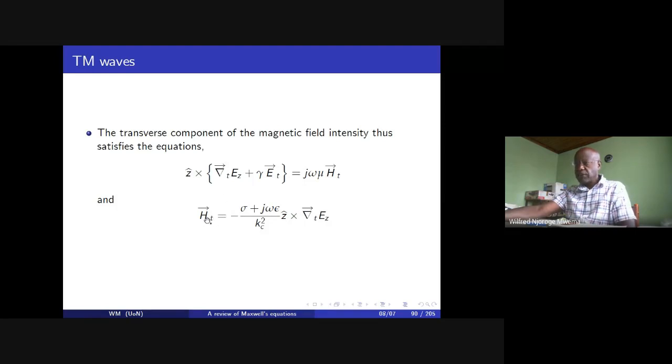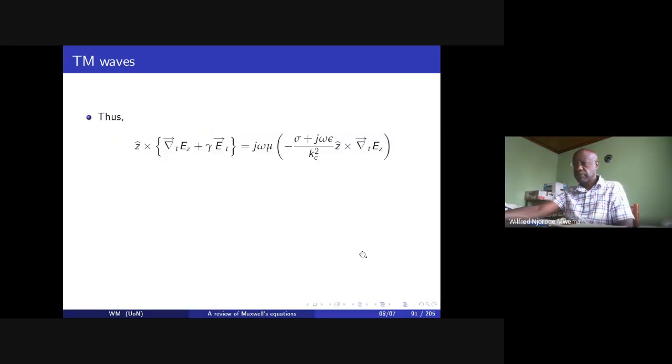Remember, H_t was given by minus gamma over kc squared multiplied by the gradient of Hz. And since Hz is equal to 0, we are just left with that plus component, which represents the axial component of Ez. That is from the reduced Maxwell's equations.